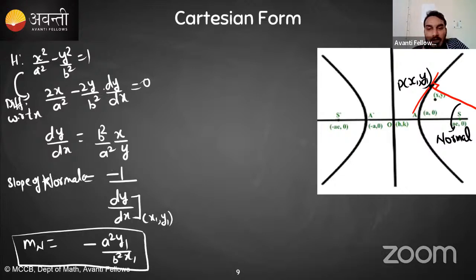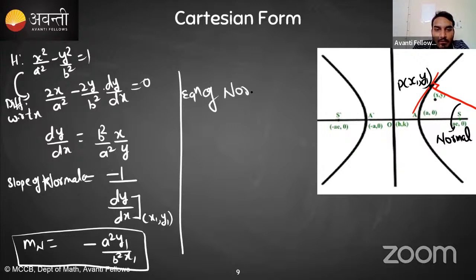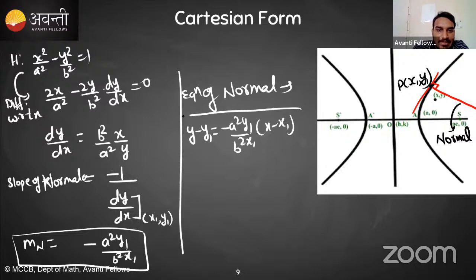So the point is known, the slope is known. So now we can find the equation of normal. Yes or no? So what is the equation of normal? Equation of normal is y minus y1 is equal to slope into x minus x1. Clear?